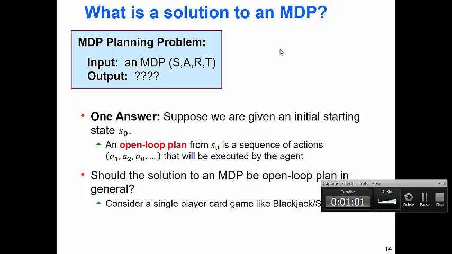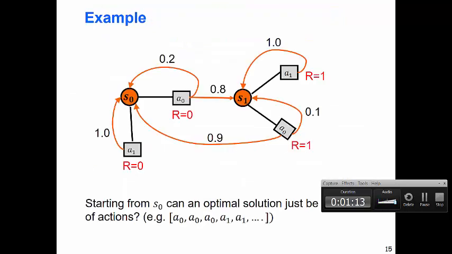And we asked what a solution to an MDP should look like. And we said that one possibility might be an open loop plan, which is a fixed sequence of actions. But we soon saw that that doesn't really make a lot of sense because if the world is stochastic, following a fixed sequence of actions can be quite ineffective given that the world can change in ways that you can't predict beforehand.